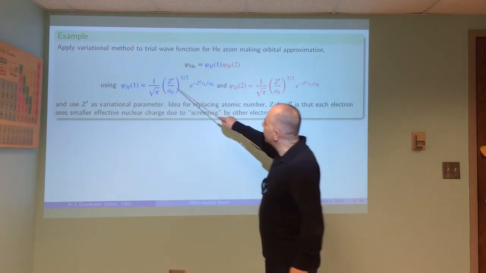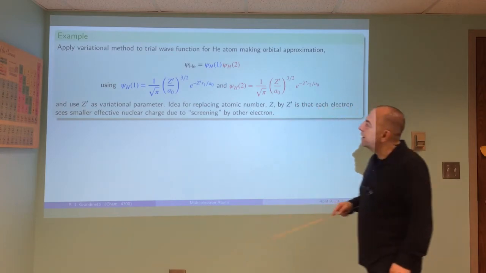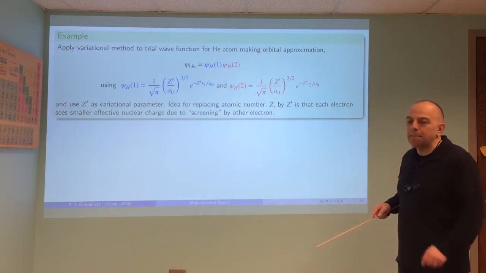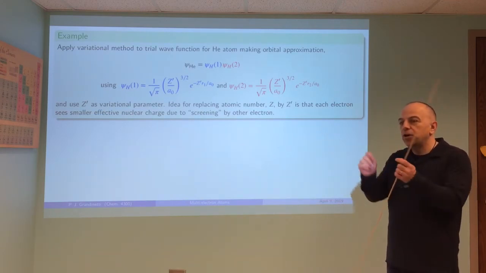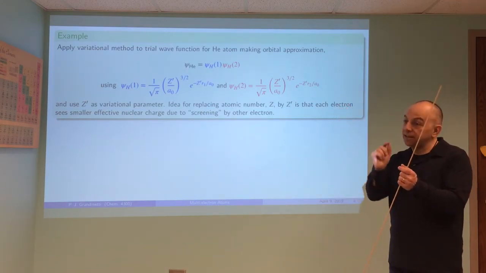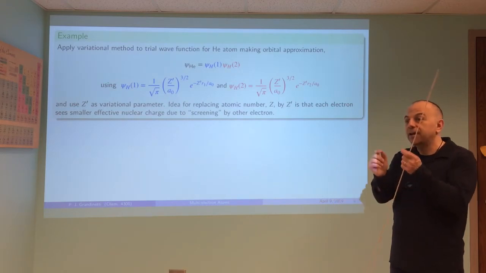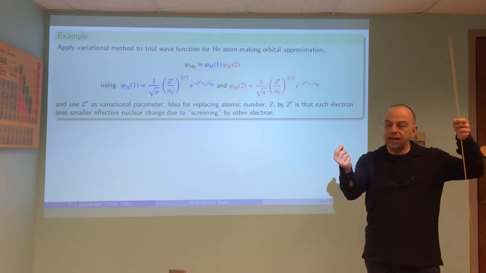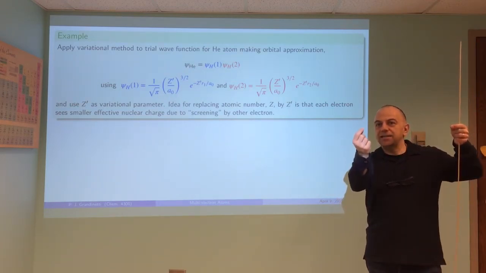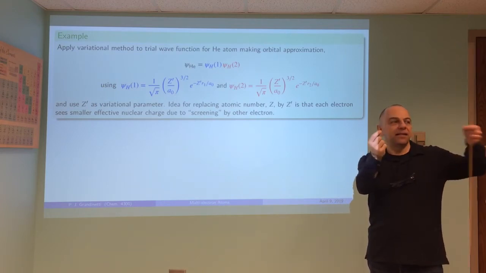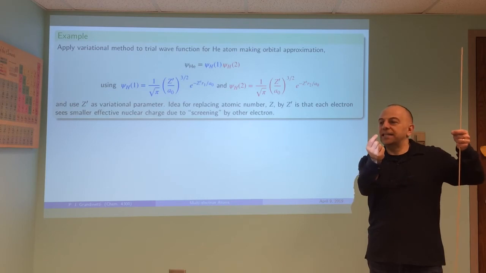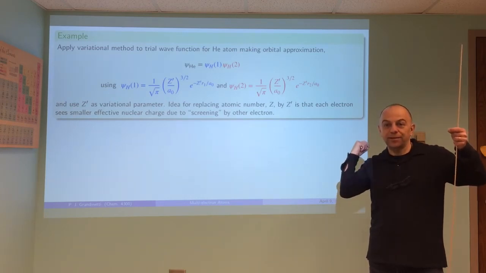So what we're going to do is take the charge that's in the wave function and make that the variational parameter. The idea here is that when one electron is orbiting a nucleus that also has another electron orbiting, if the electron we're interested in solving has an electron between it and the nucleus, then you might imagine that the electron out here is going to see less of the nuclear charge than if this electron wasn't present.